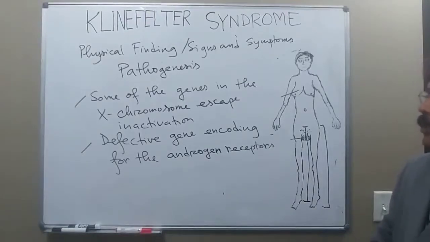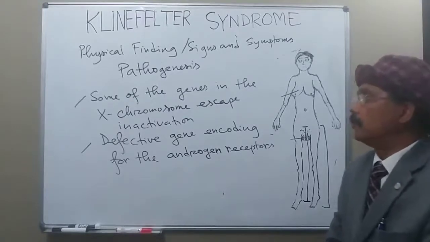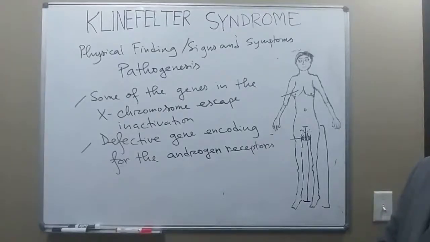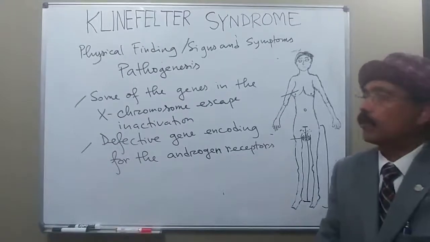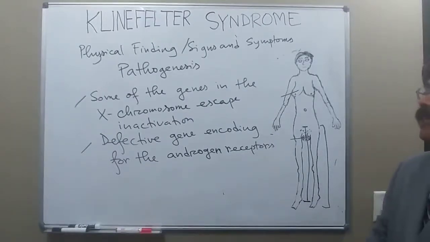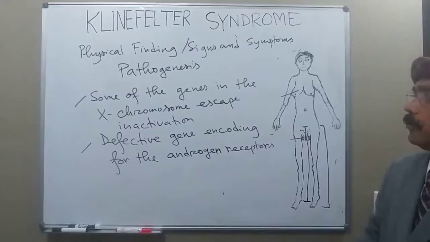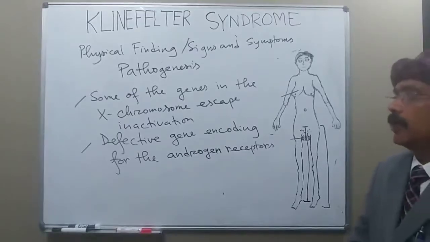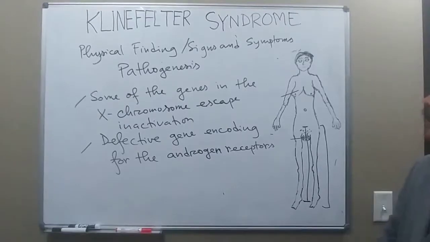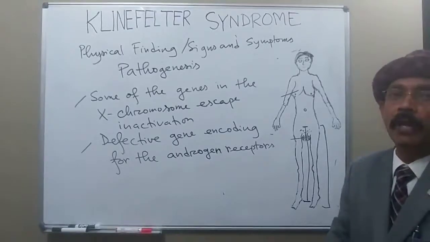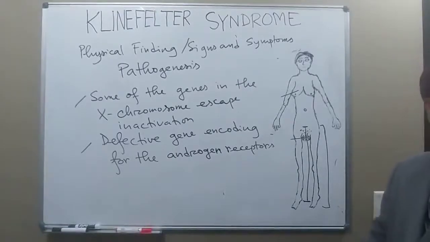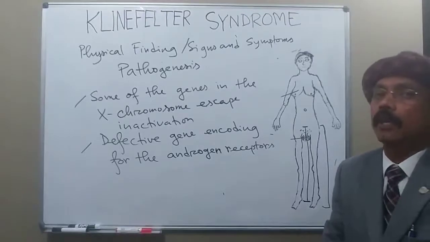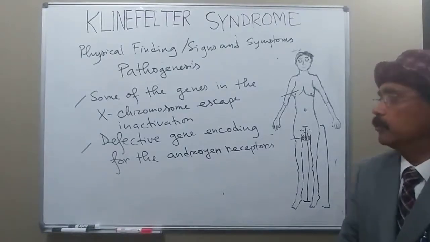We have the karyotype. Then why this type of phenotype? Some of the genes in the X chromosome, especially in the short arm, escape inactivation. So some of the extra X chromosome genes remain active and cause these phenotypical changes in the male individual. He is phenotypically male because he has a Y chromosome.